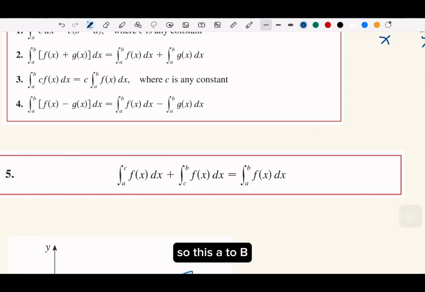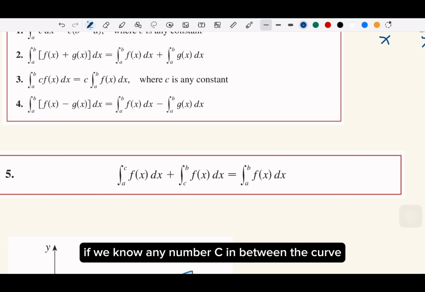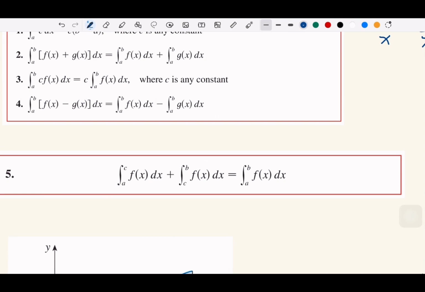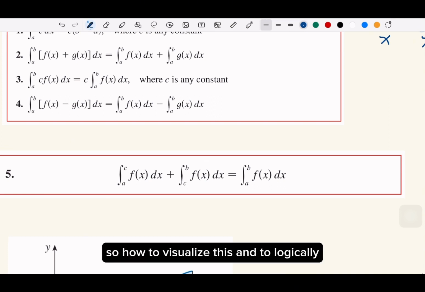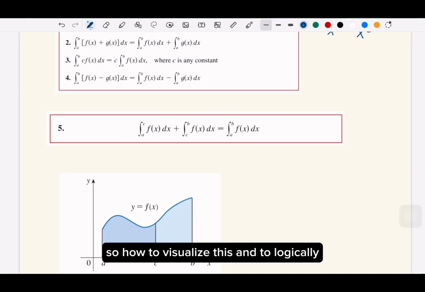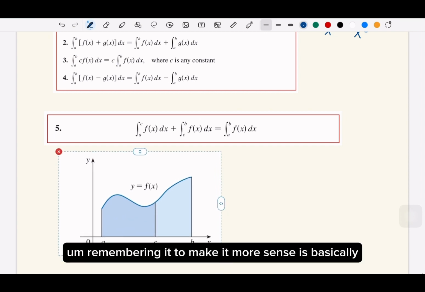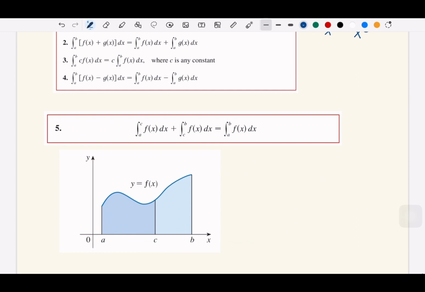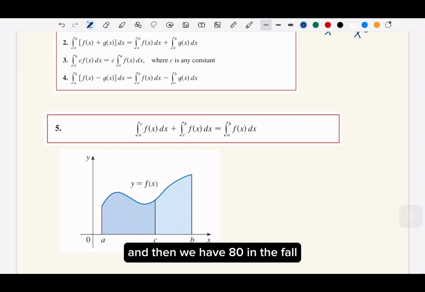So this a to b, if we know any number c in between, we can set up a to c and then c to b. How to visualize this and logically remember it: we have this curve, and we have the a, b interval, and we have c in between. So it means that we compute the integration from a to c plus from c to b.